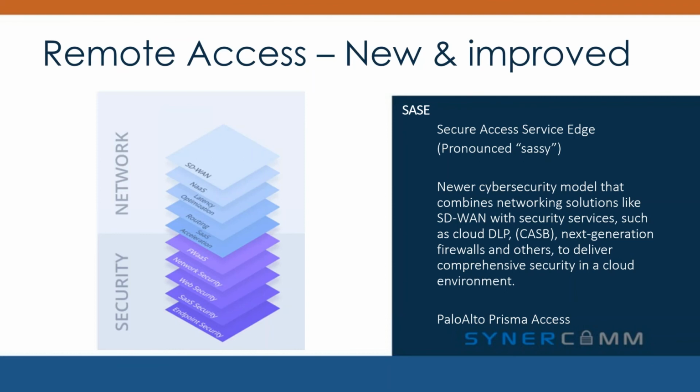So have that CASB built in, and firewalls and advanced threat protection, malware, all of those obvious pieces in a cloud-based solution. Some that come to mind right out of the gate would be something like Palo Alto. They've got Prisma Access, kind of rebranded GlobalProtect Cloud, but they've really added a lot of functionality. So if you're a cloud-first organization, that might be a good place to start looking.